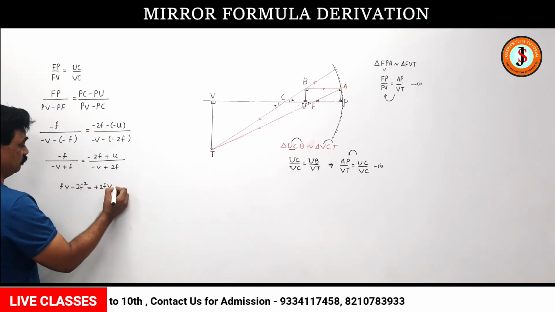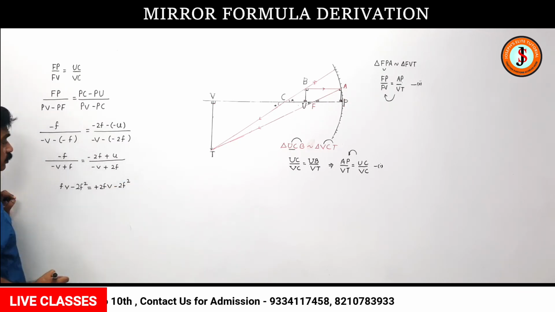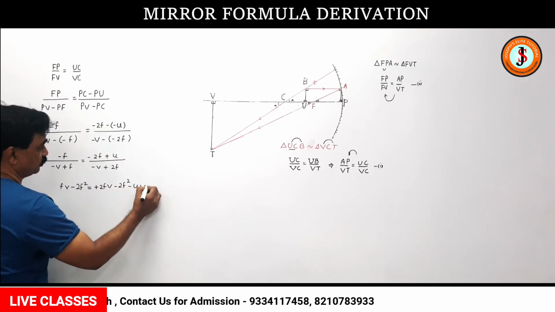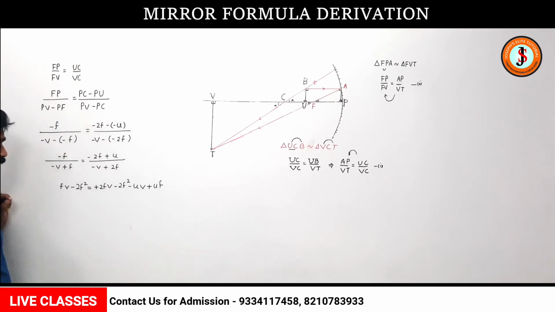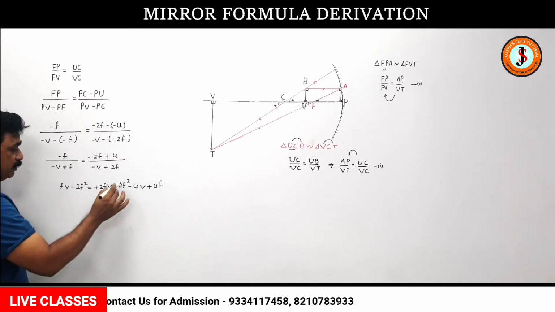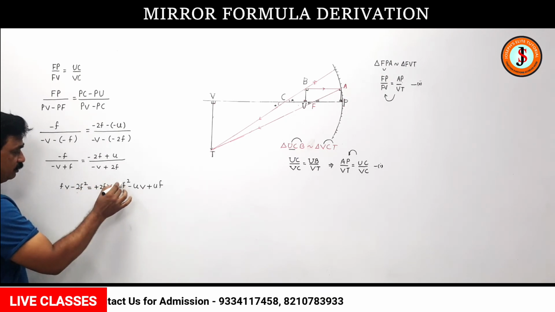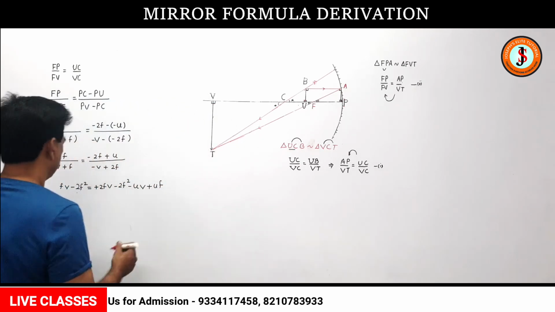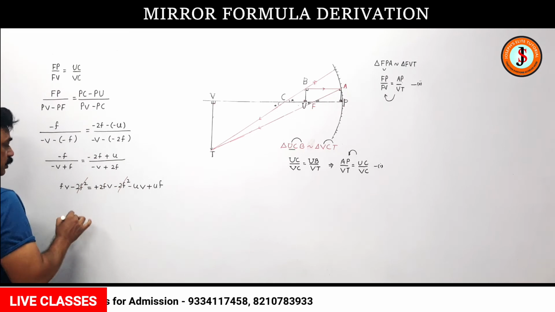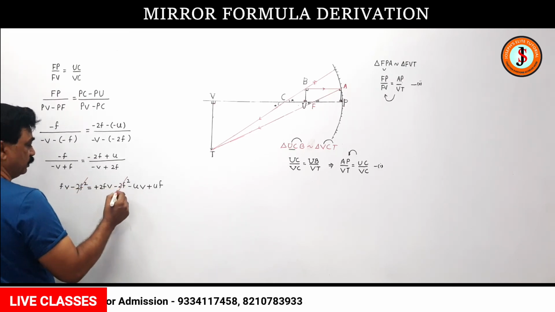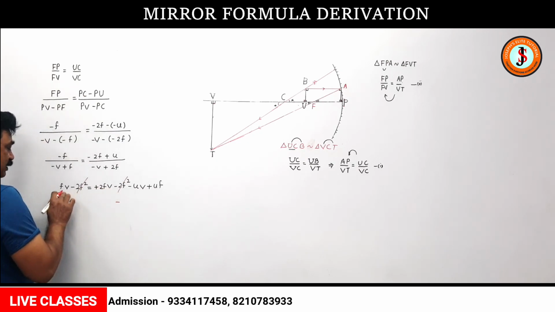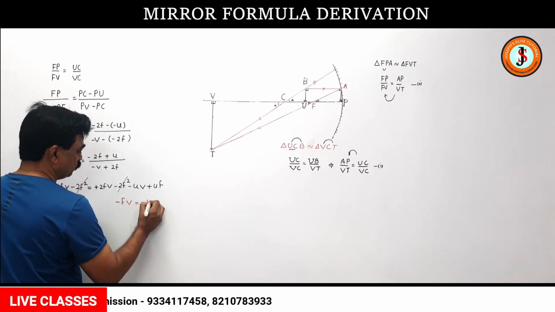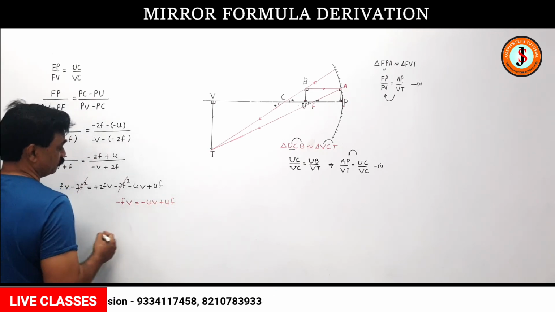Then minus 2F square on one side and plus 2F square cancel each other. 2FV will come this side, so it will be minus 2FV plus FV. So we are getting negative FV remaining this side, equal to minus UV plus UF.